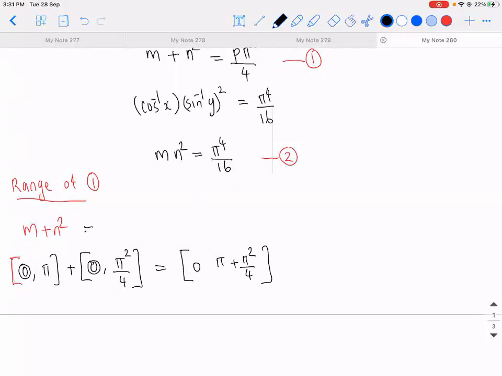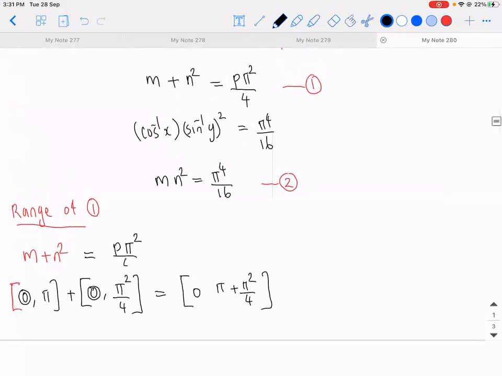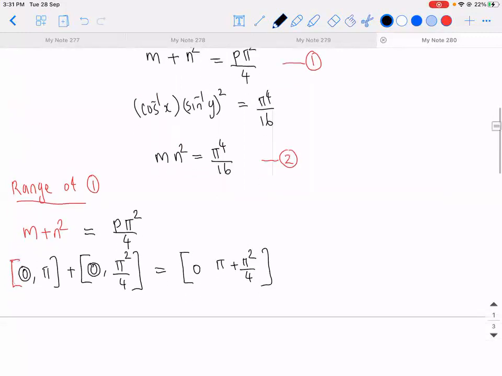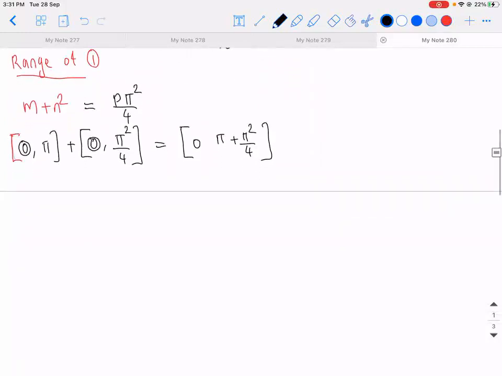And we know that this m plus n square value is p pi square over 4. Definitely, the value of m plus n square lies between 0 and pi plus pi square over 4, because we know the maximum and minimum value of m plus n square.